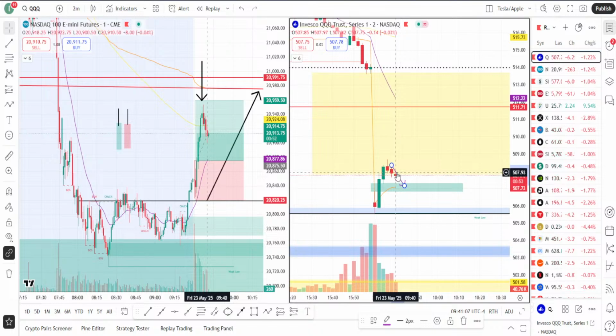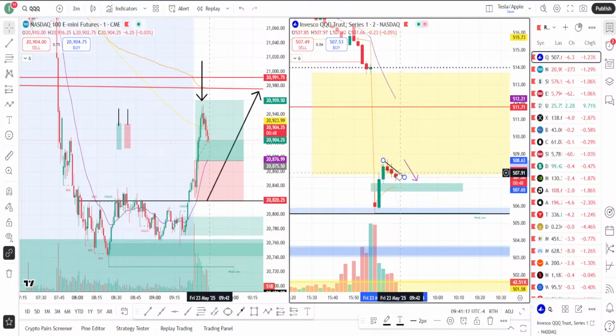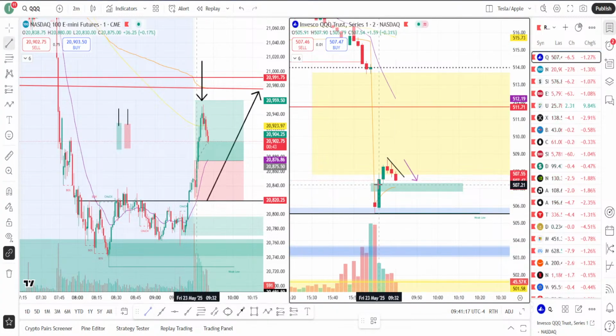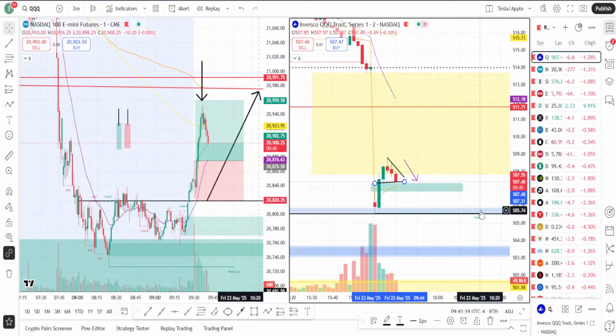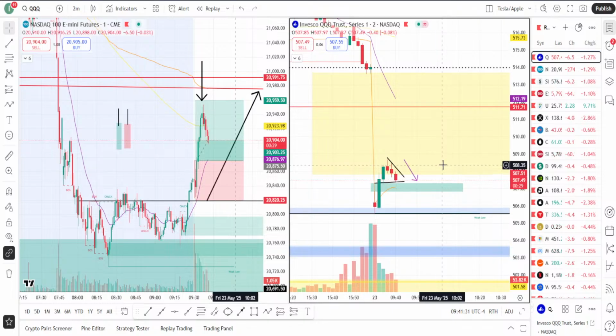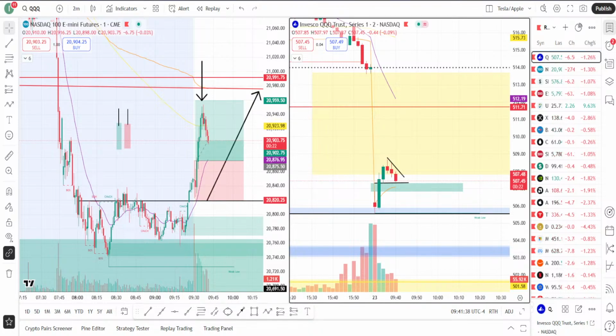Right, give us a bull flag or something. Come on, buyers. Y'all in there or what?